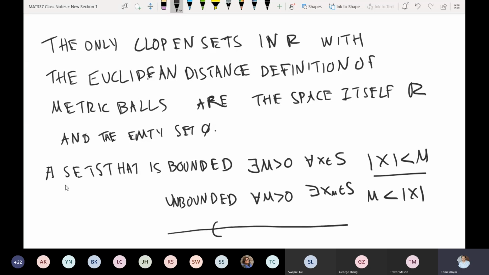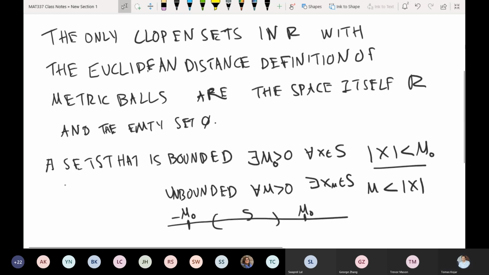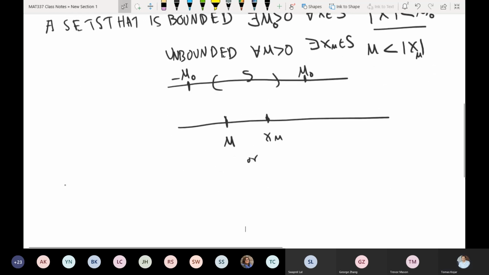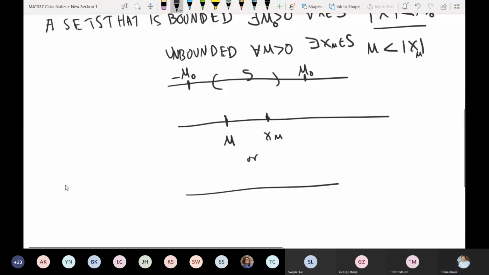One says there's a global M naught that contains it. The other says, you give me any M, I can find a point x_M that is either above it or below it.